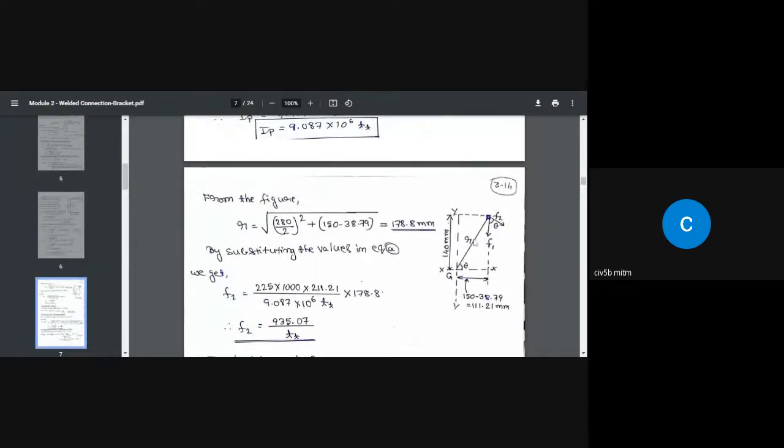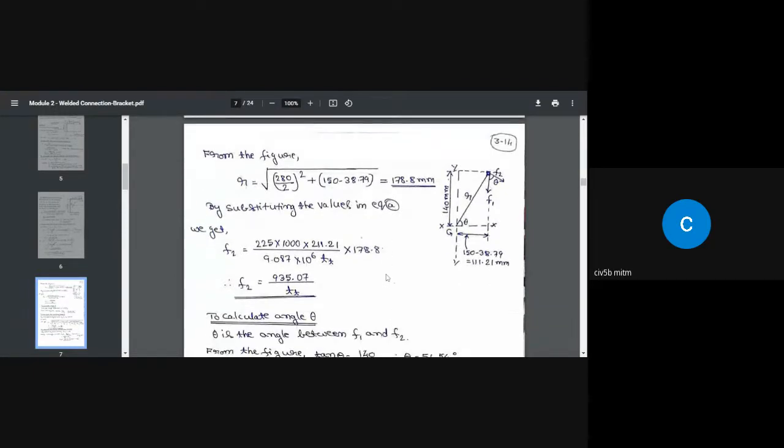This is 150 minus 38.79, and this we know is 140. So find out what R is. R equal to 178.8 millimeter. That is the distance of the critical weld. Critical means the weld area which is going to be subjected to maximum stress, that is, the maximum shear stress is at R, that is 178.8 millimeter.